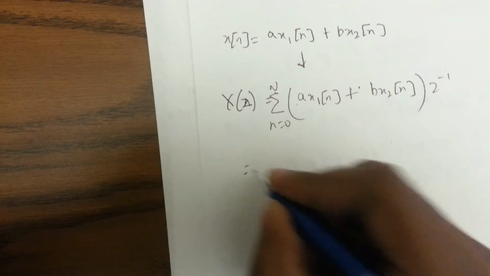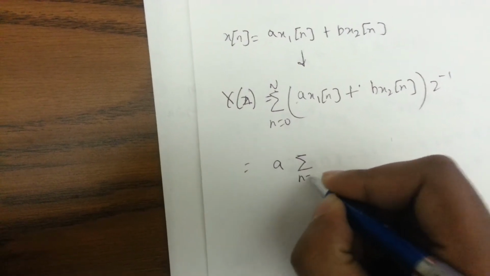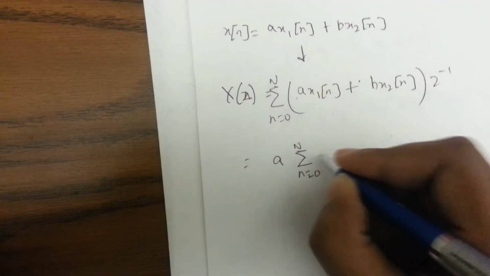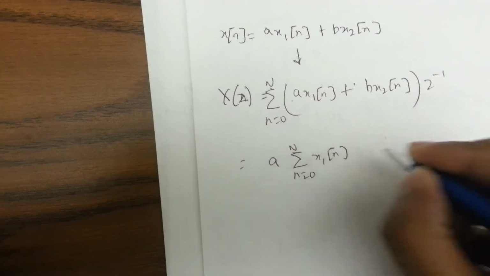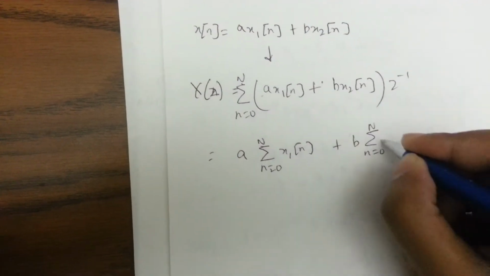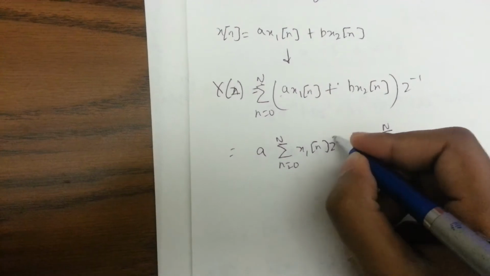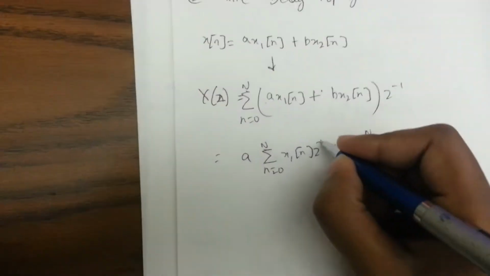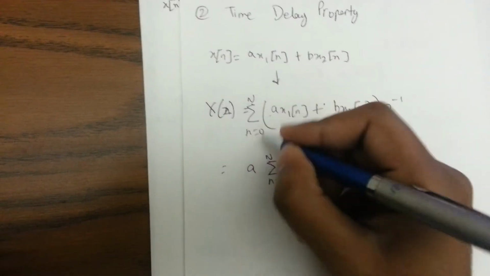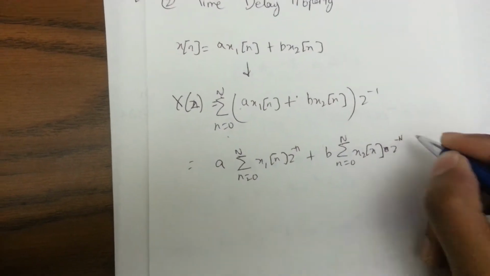And when you solve this, a is just a coefficient, just a number, so a can come out, and then it leads us to the sum from n equals 0 to n of x1 of n plus b times the sum from n equals 0 to n of x2 of n, and both of them will have the z coefficient, or z to the minus n.